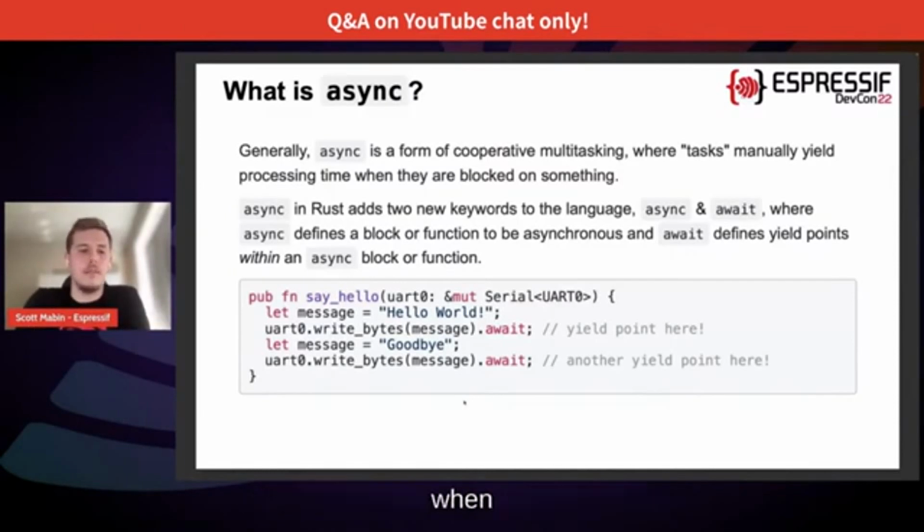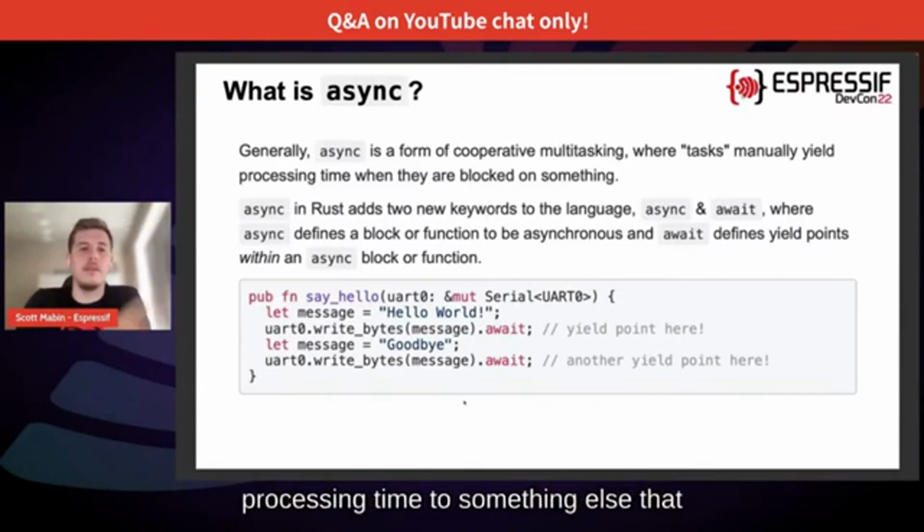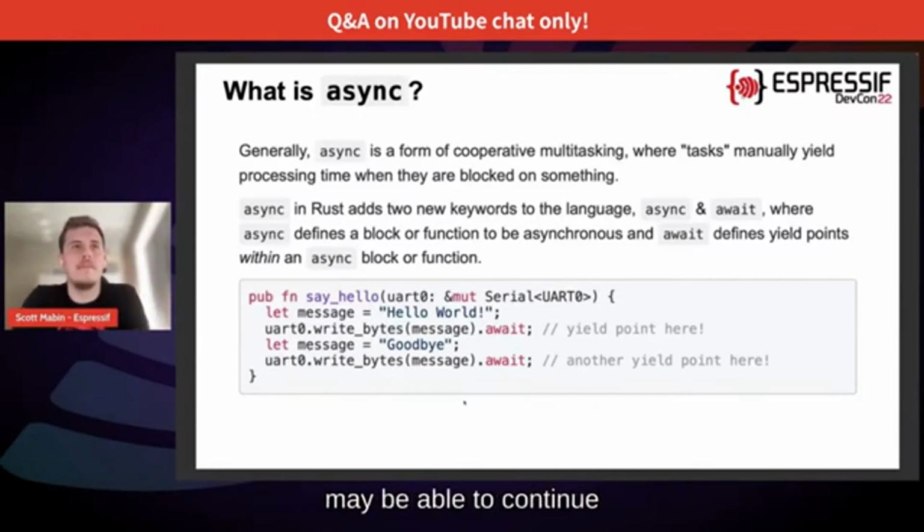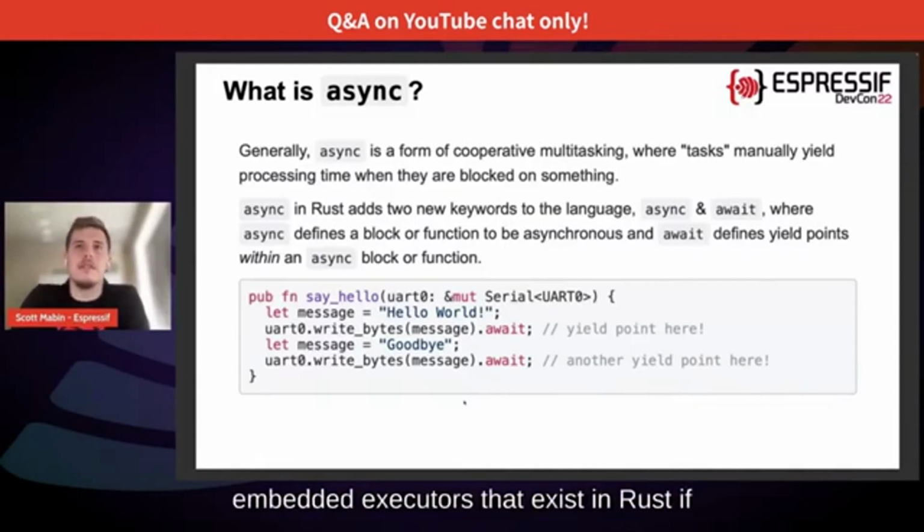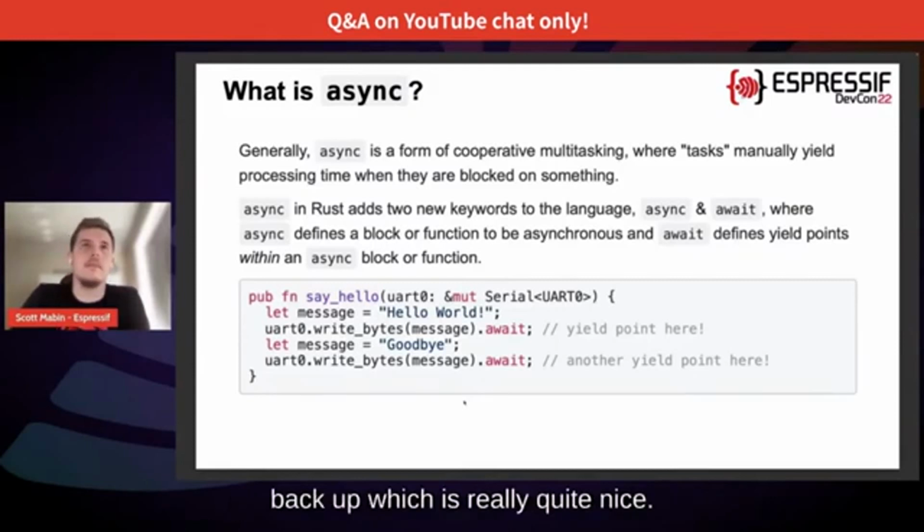When async tasks get to a certain point, they will say, come back later, I'm doing something that's going to take a while, and they manually yield the processing time to something else that may be able to continue. Or in the case of some of the embedded executors that exist in Rust, if there's nothing to do, you can just put the chip to sleep until an event wakes it back up, which is really quite nice.